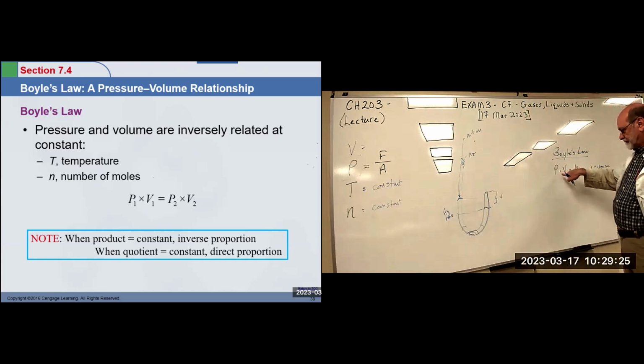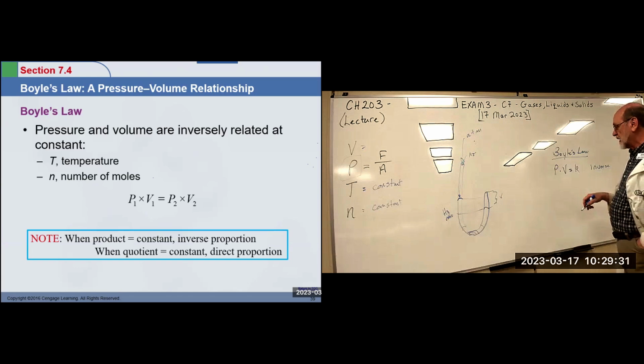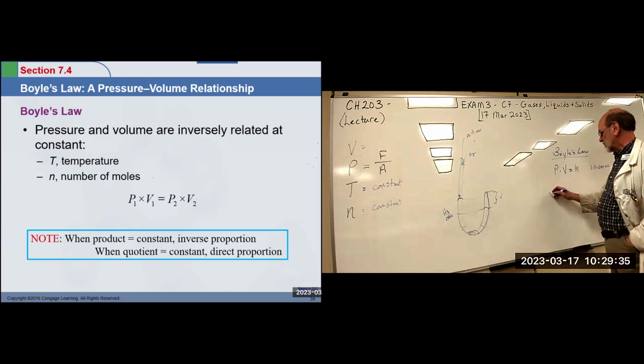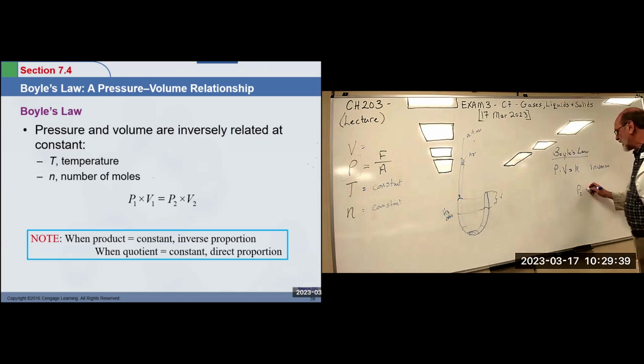Notice that for any pressure times volume, we get a constant. Once we started our experiment, if we add more mercury in there, then we increase the pressure. All right, so now we got a new pressure and we get a new volume, but that's still equal to the constant, the same constant.